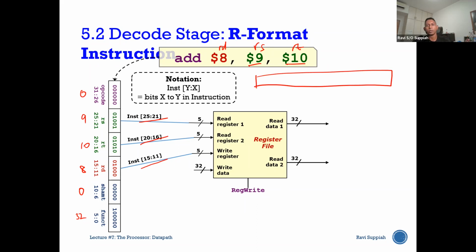Each instruction is 32 bits, from 0 to 31. The first 6 bits are the opcode, from 31 down to 26. That is why 25 to 21 is your RS, then RT, RD, and so on. That is how we get these bit positions.